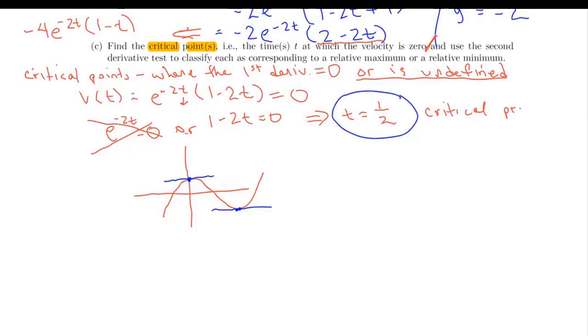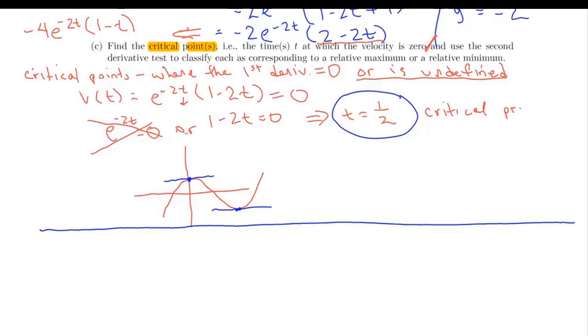Now, the second part of this says, use the second derivative test. Well, the nice thing is we already know what the second derivative is. x double prime of t, which was a of t, is equal to minus 4e to the minus 2t times 1 minus t. What we want to do with this is plug in 1/2, because that's my critical point.